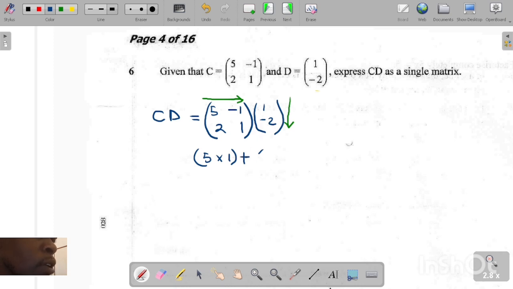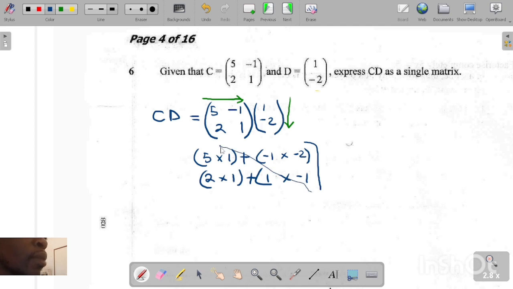That is the first row by column. Then we come to 2 times 1 plus 1 times -2.